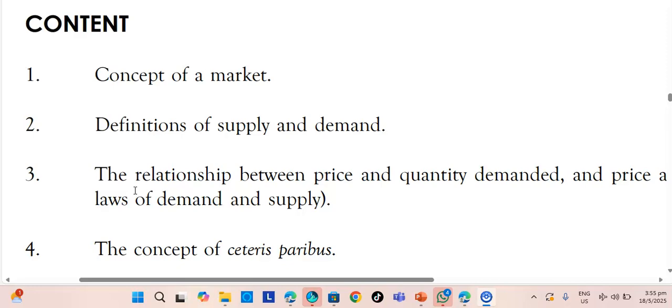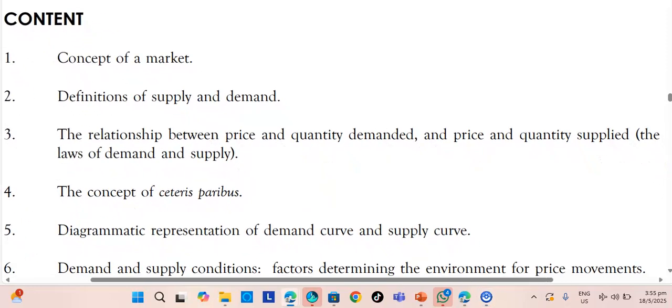All right, so now we are going to look at the relationship between price and quantity demanded and price and quantity supplied, the laws of demand and supply. Let us look at the relationship between price and quantity demanded, then price and quantity supplied. There is an inverse or opposite relationship between price and quantity demanded.